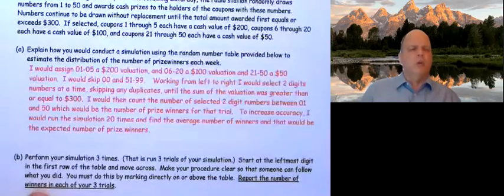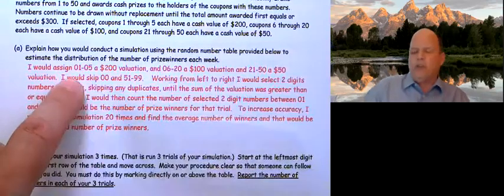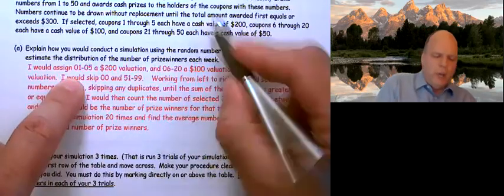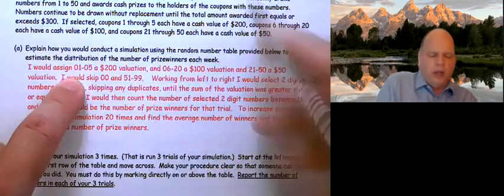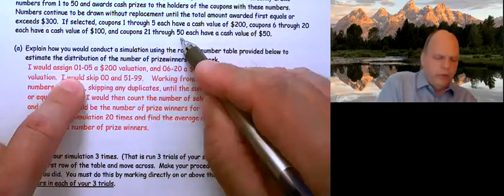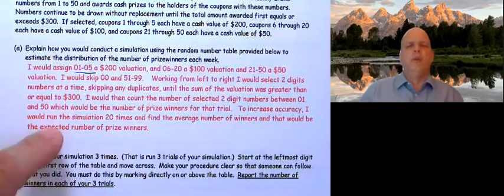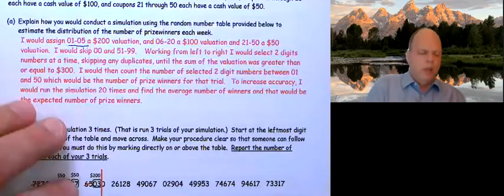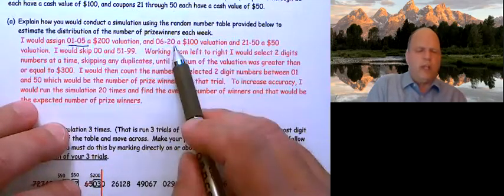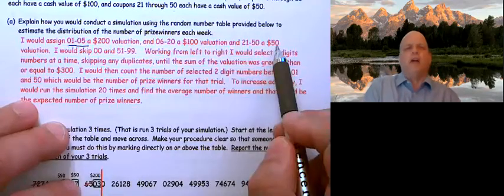So what I would do is I would assign 01 through 05, because those are 2-digit numbers. And I knew I had to use 2-digit numbers because I had all the way up to 50 possible winners. All right. So 01 to 05, those are $200 valuations. And then 06 to 20 are $100 valuations, and 21 to 50 are $50 valuations.